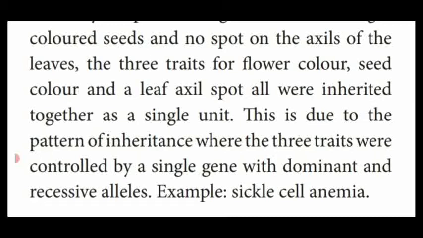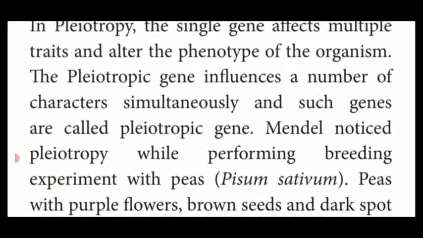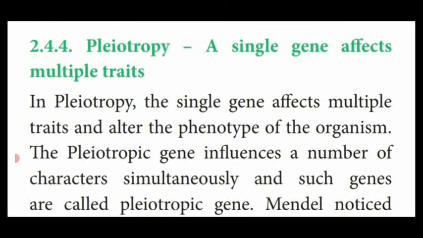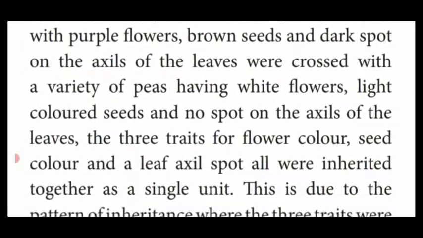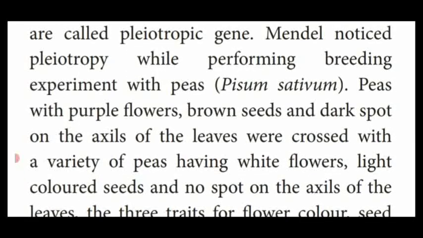A single gene with dominant and recessive alleles controls the multiple characters of a plant or an organism. That is said to be pleiotropy. Example, the pea plant. In animals and human beings, it is sickle cell anemia. Okay, so this is said to be pleiotropy.